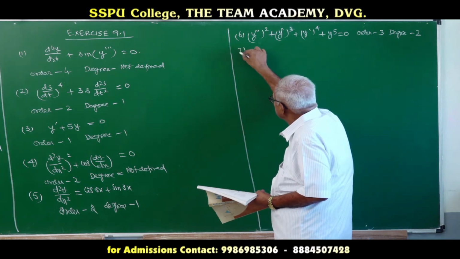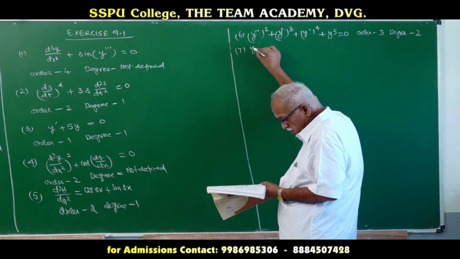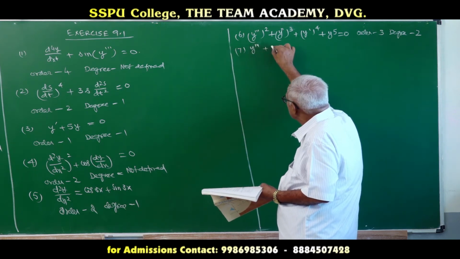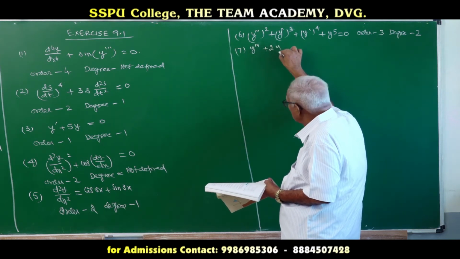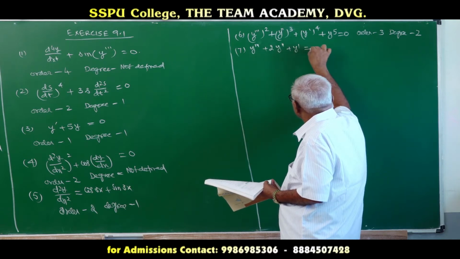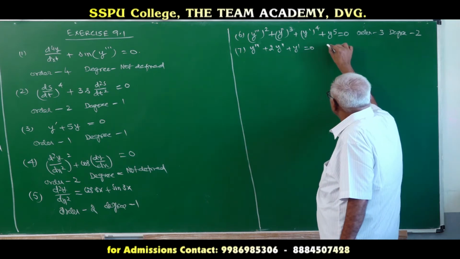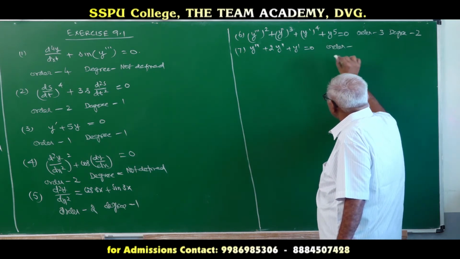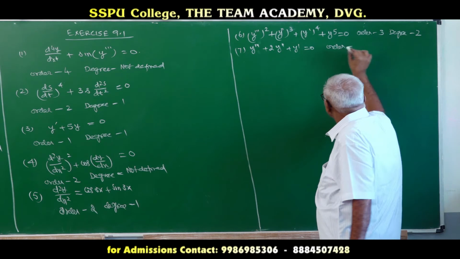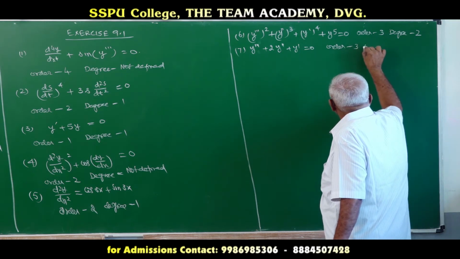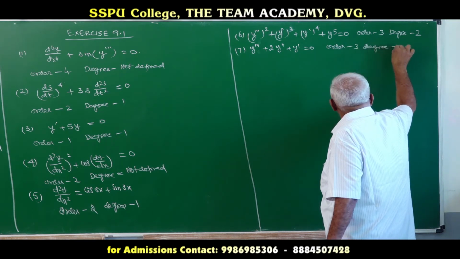Now, 7th question is y3 dash plus 2y2 dash plus y dash is equal to 0. By this time you would have learnt it. The order is the third order and the degree is 1.